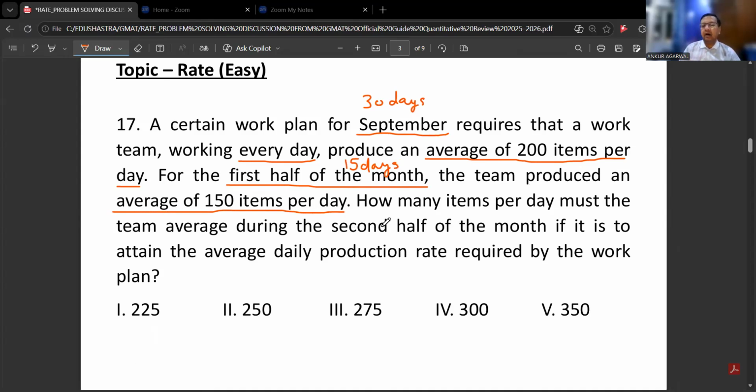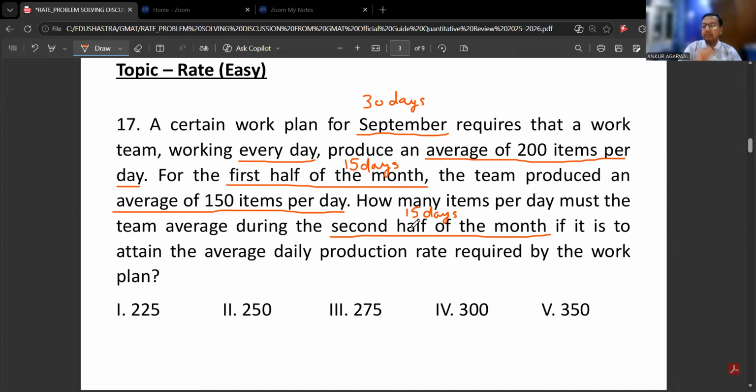How many items per day must the team average during the second half? Second half of the month. This is the very, very catch point. The second half is also 15 days, because we are talking about the month of September, which is 30 days. So first half is 15 days, second half is 15 days.